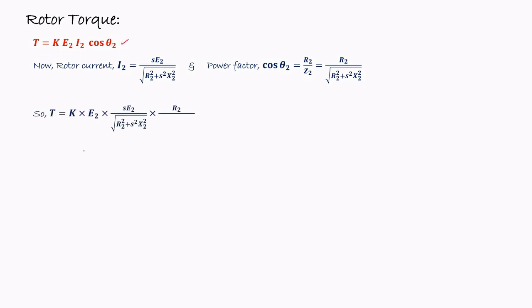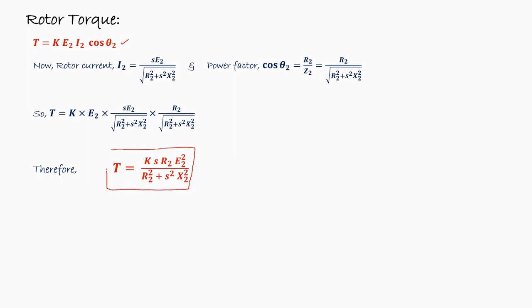Torque will be equal to K into E2 into, instead of I2 we put S E2 upon square root of R2 square plus S square X2 square, into, instead of power factor we put R2 upon square root of R2 square plus S square X2 square. After simplification, finally we get the torque equation of a three-phase induction motor as T is equal to K S R2 E2 square upon R2 square plus S square X2 square.